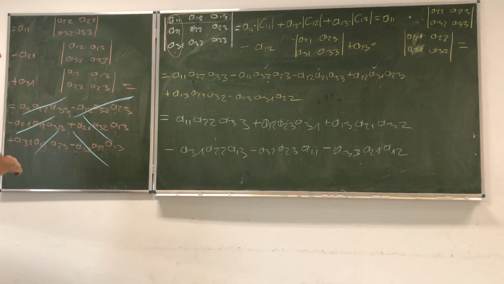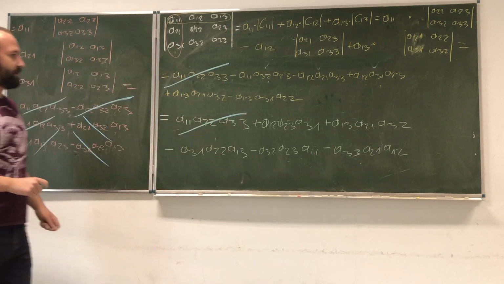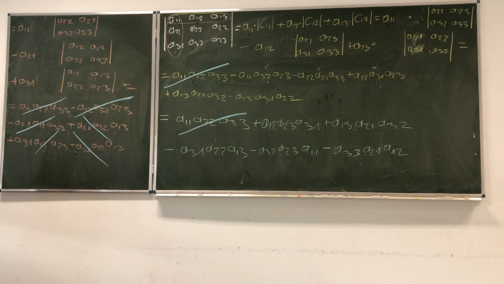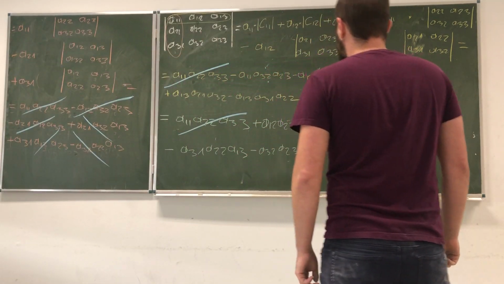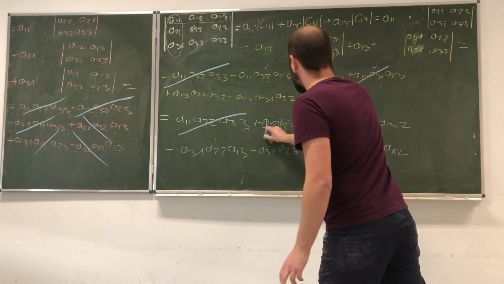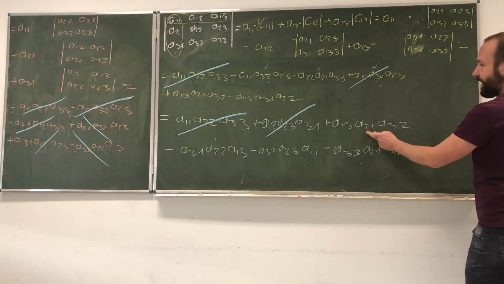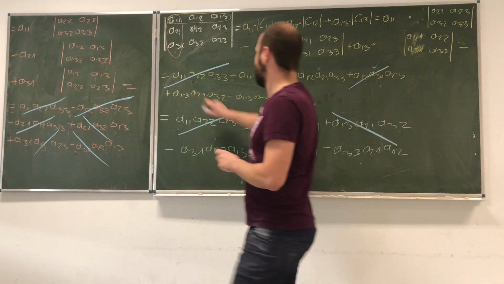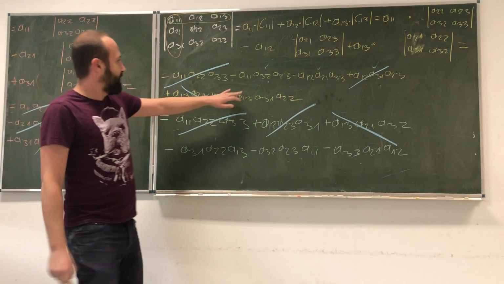Okay, and again, let's see if the results we are getting are actually matching. So, well, clearly those two are identical. No problem here. Okay, so let's start maybe with positive. Then we've got A12, A23, A31. We've got this one in both. And A13, A21, A32, the same. Okay, now let's move to negative.